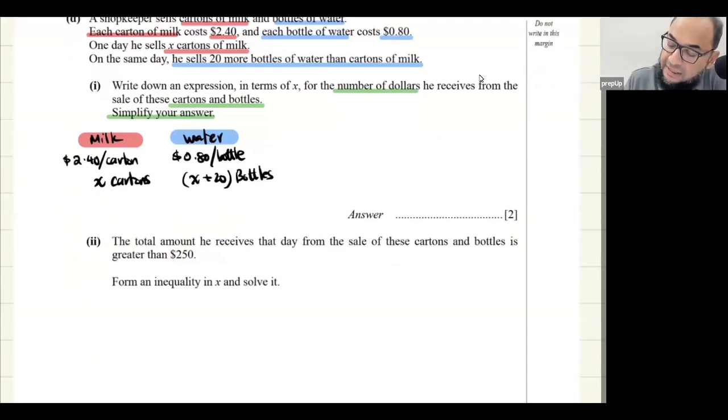Therefore, we are interested in the number of dollars he receives. So what I'll do is take this 2.40, multiply it with X. I'll take 0.80, multiply it with X plus 20. So 2.40, or you can simply write 2.4 into X, and this is 0.8 into X plus 20.